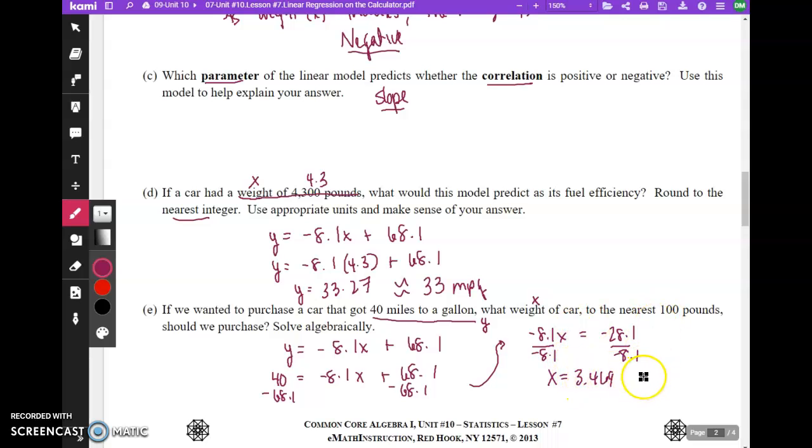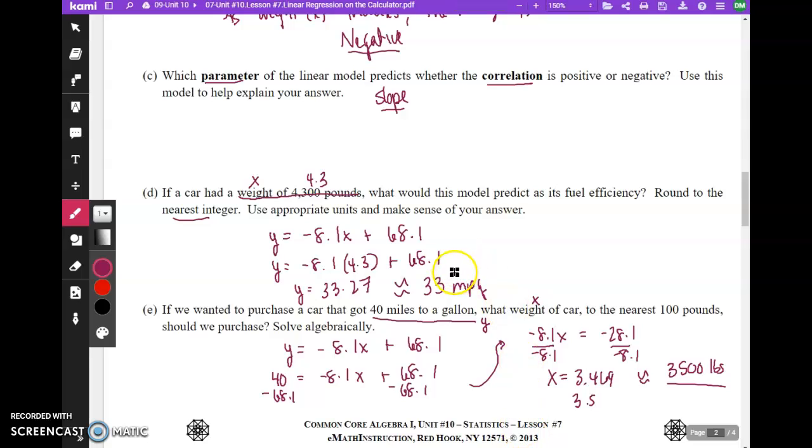So to the nearest 100 pounds, this is about 3,500 pounds, because this would be about 3.5, which is about 3,500 pounds. Okay, so the car will weigh approximately 3,500 pounds. When it gets 40 miles per gallon, it predicts the car weighs 3,500 pounds.